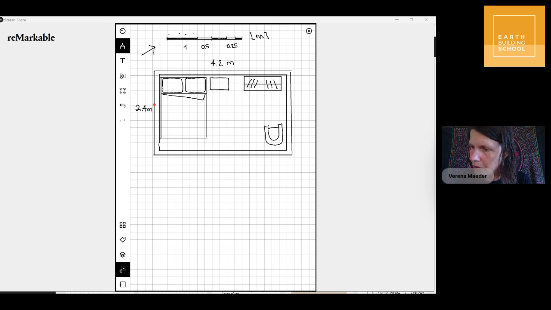Oh, I have a window here, and I have a window here, and I have sort of a big glass door here. And that will mean these are the walls.